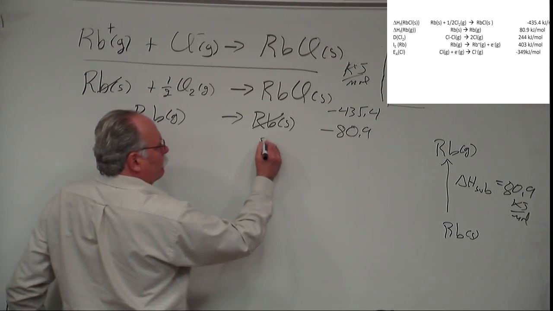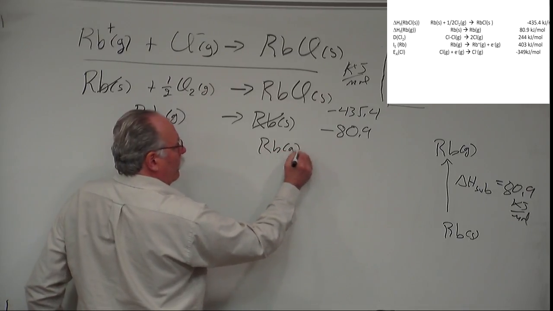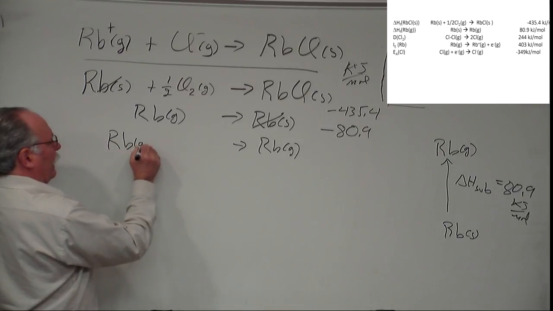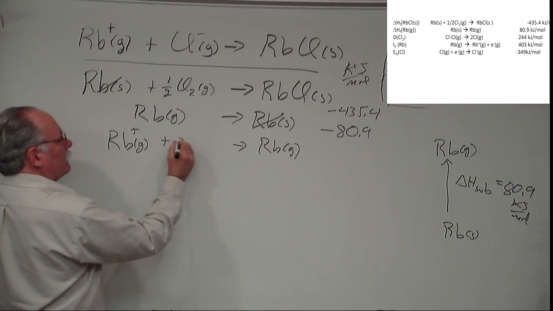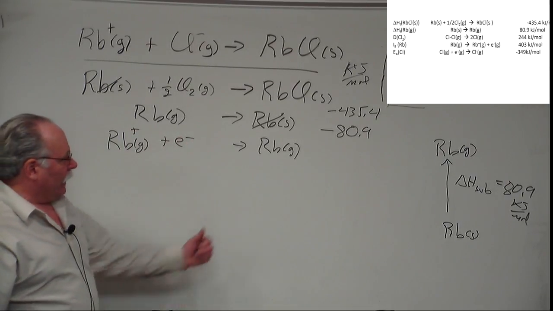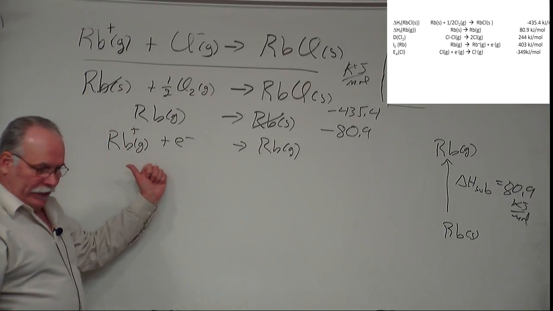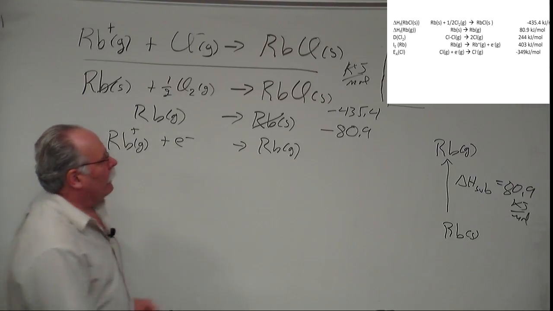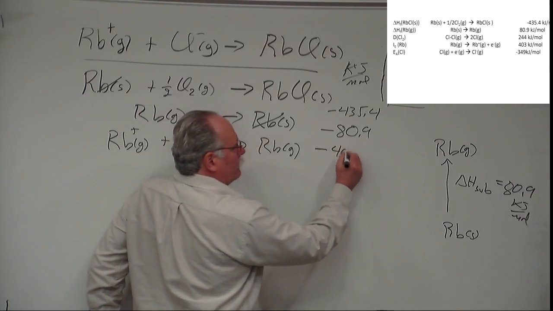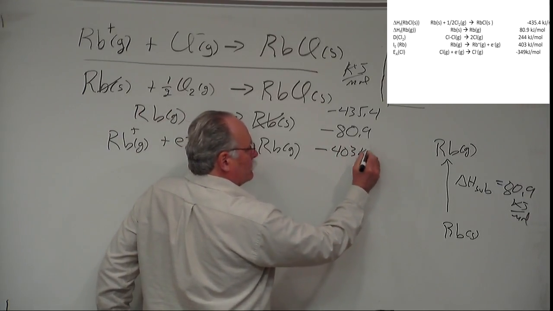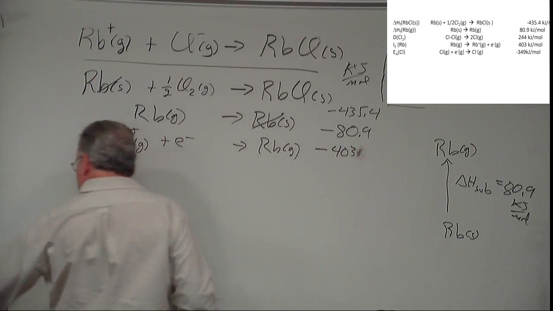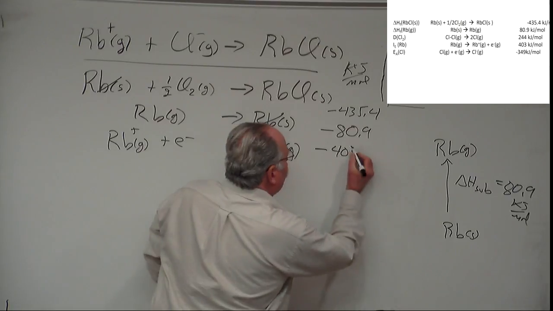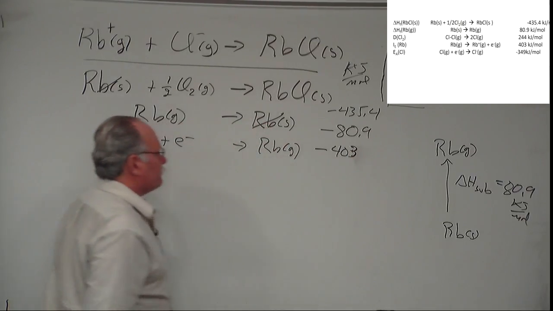That is, we have the rubidium gas on the right-hand side of the equation, and we have the rubidium gas cation plus an electron on the left-hand side. So if going this way is 403 kilojoules per mole, going this way is a minus 403 kilojoules per mole. But I'm leaving those out because I have it up here, trying to keep my chalkboard neat.